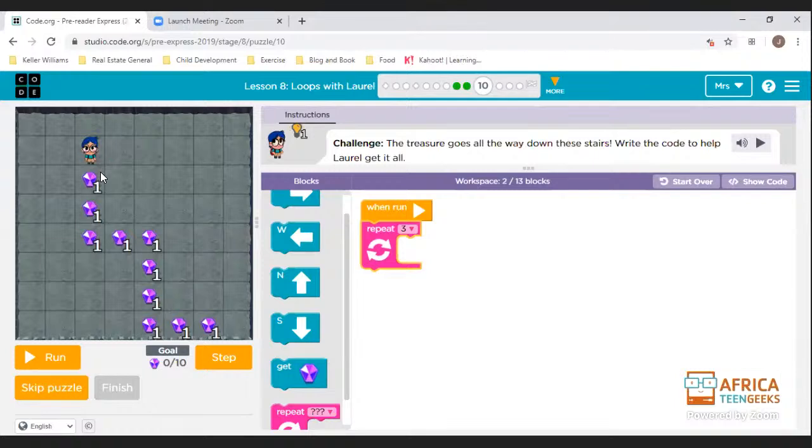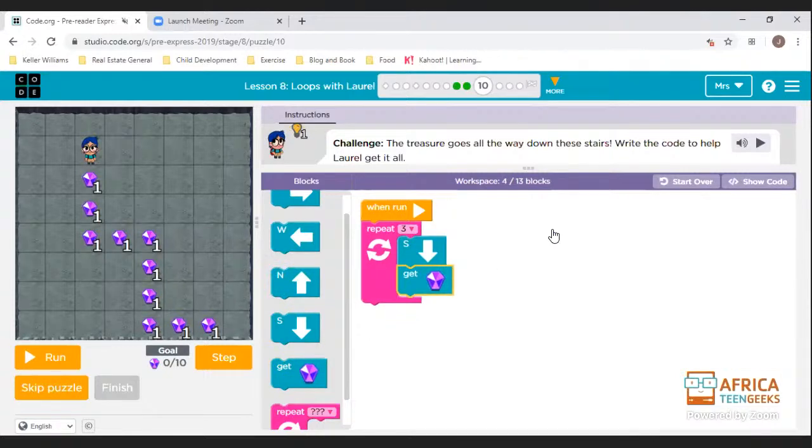What does Laurel have to do? What direction does she need to move in? That's the first thing. Down arrow. So the down arrow is south. That's right. Something she needs to do every time. She needs to get the jewel. Yes. So we put get jewel.